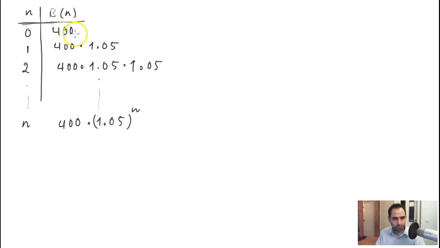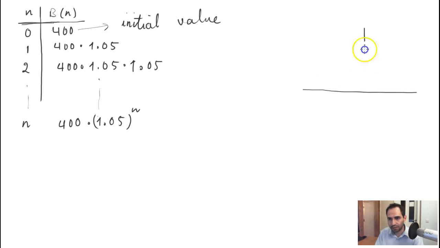So you see that your function here starts with 400. So this is basically your initial value. And if you did the graph of this function, you would get something like this. Let's say this is 200 and this is 400.